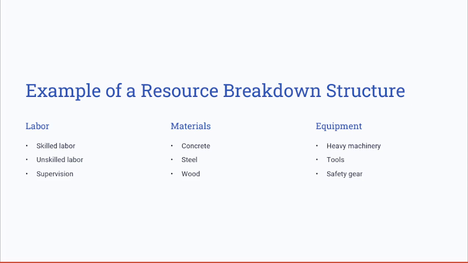When it comes to materials, you might include concrete, steel, and wood. This structure helps ensure that no resources are overlooked, and it can be tailored to the specific needs of your project, whether it's construction, software development, or any other field.